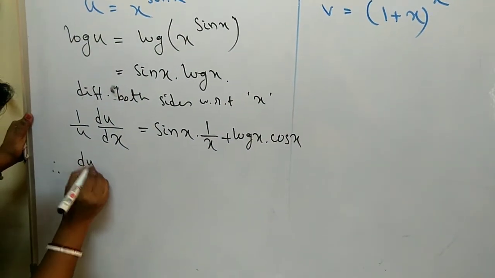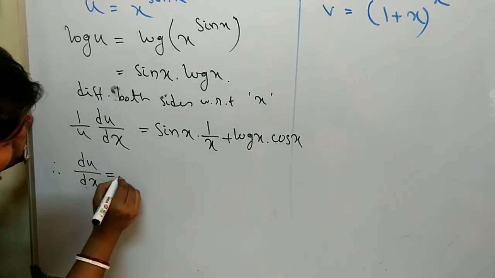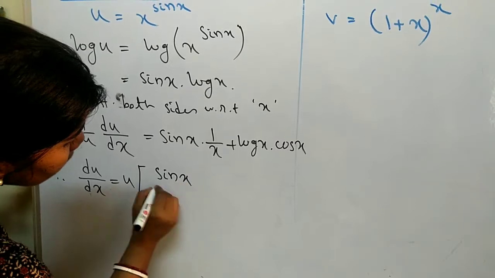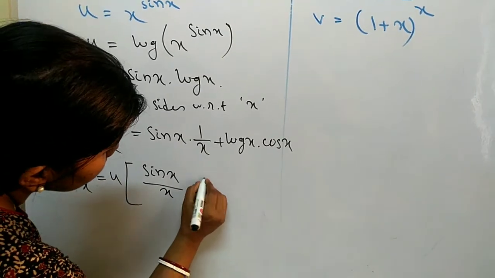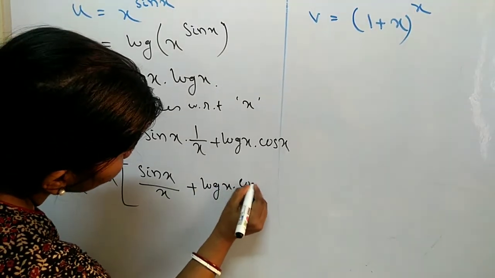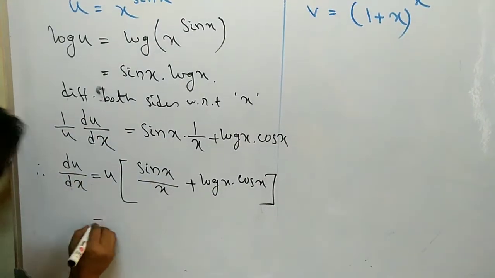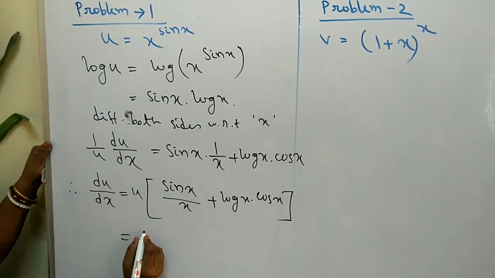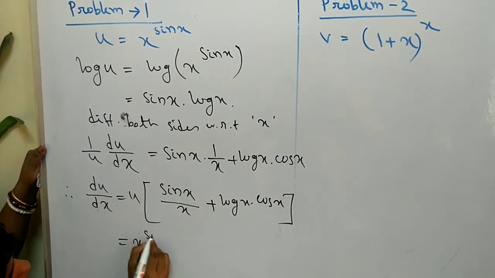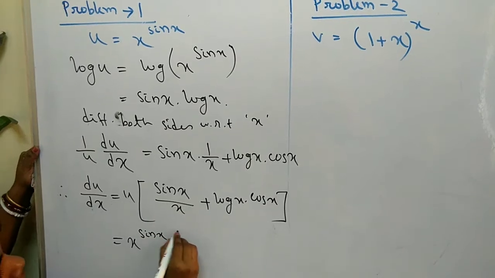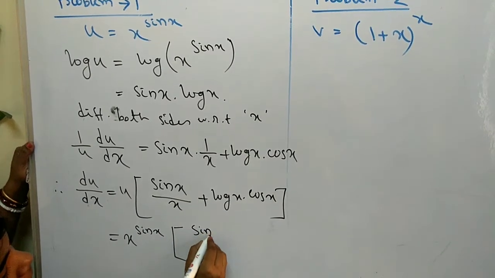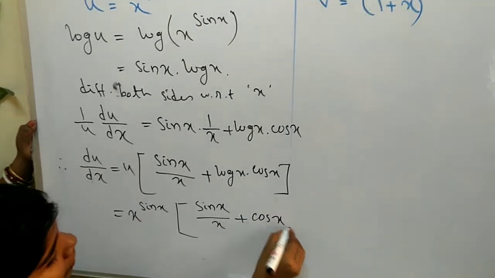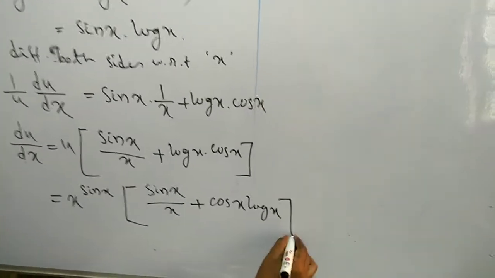Therefore du dx equal to u into (sin x by x plus log x into cos x), and the value of u is x to the power sin x. So here we are getting x to the power sin x into (sin x by x plus cos x into log x).